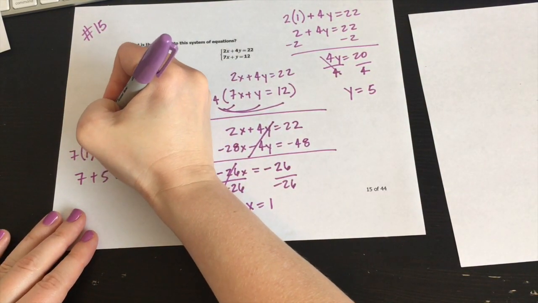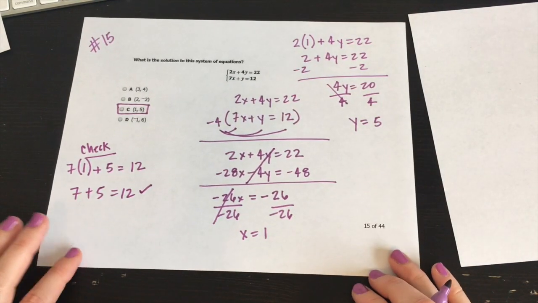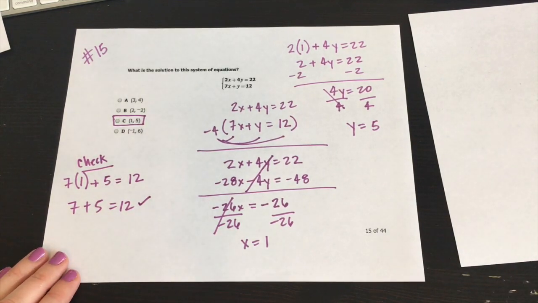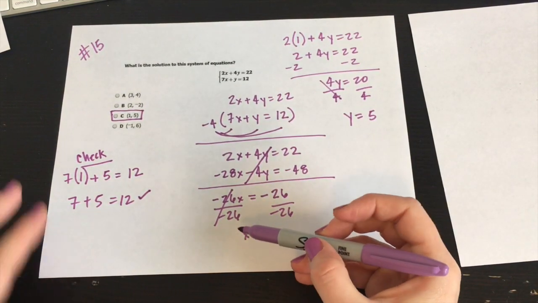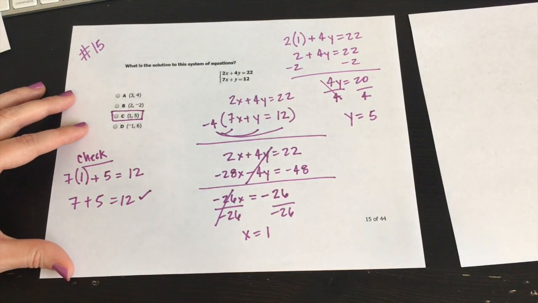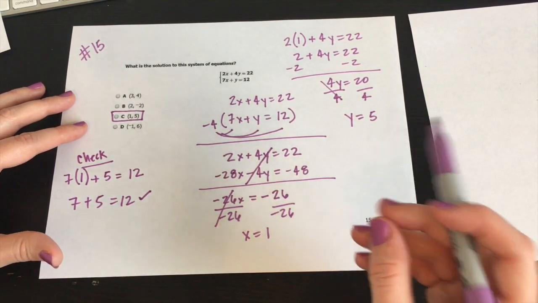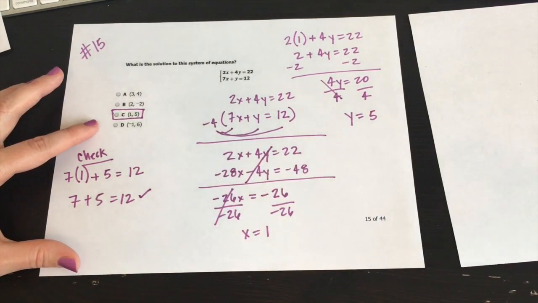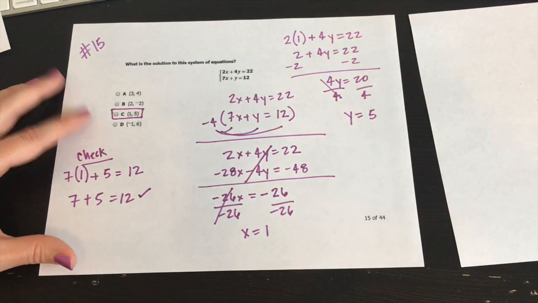Again, just get in the habit of over checking your work. Don't rush through your test. Here we could have instantly chosen C, but it's better to be sure that the answer is right than to immediately go with your first answer, just to make sure you weren't doing any faulty math.